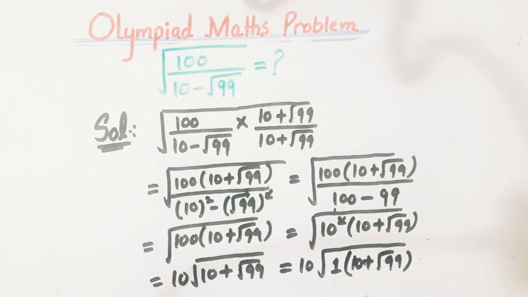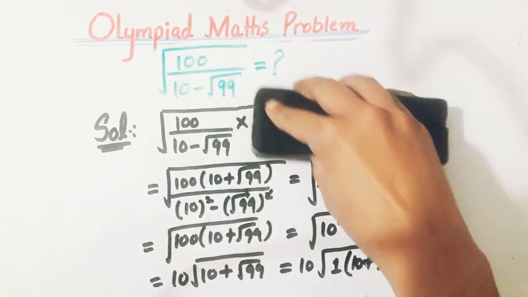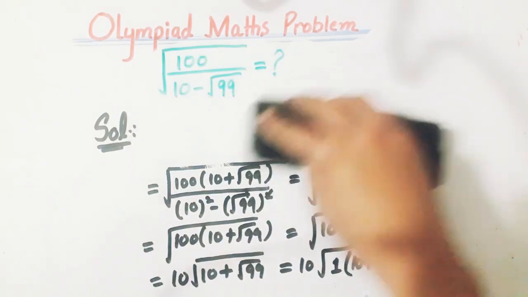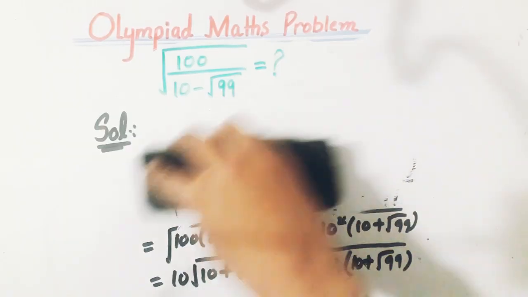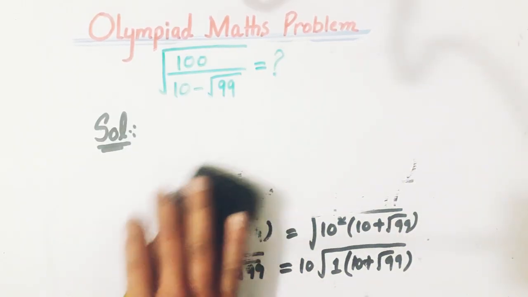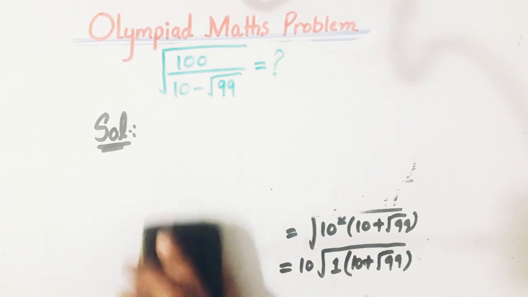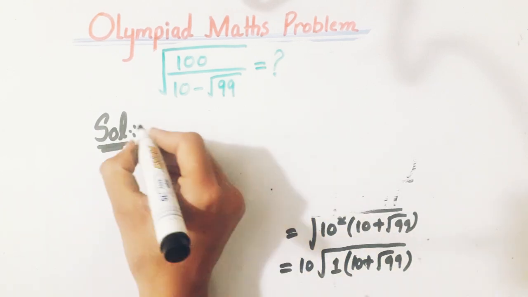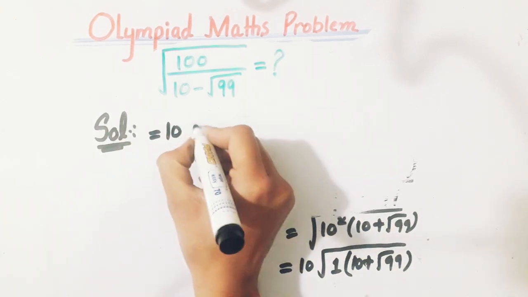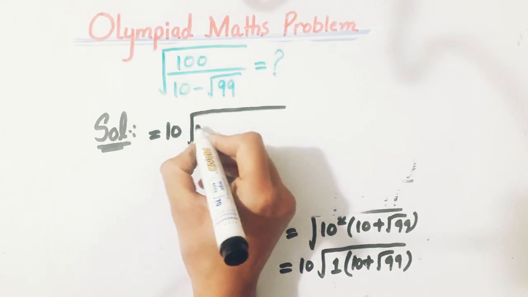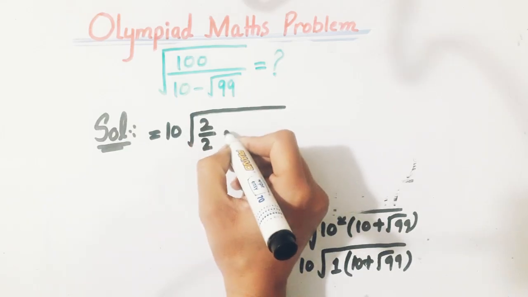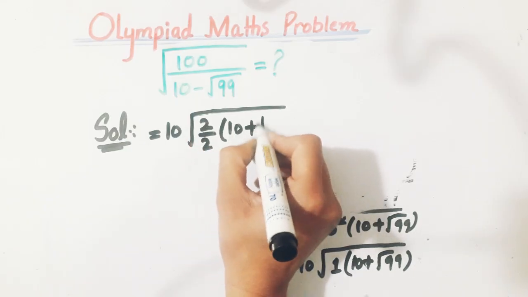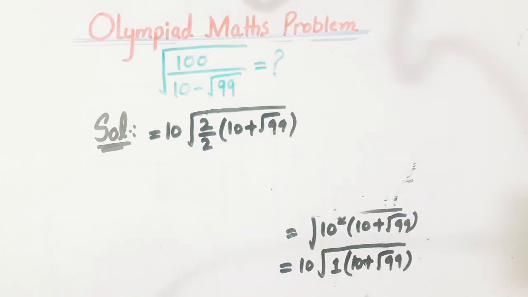Now in place of 1, we will apply 2 by 2. So 10 is taken as common. 1 can be written as 2 by 2 into 10 plus root 99.